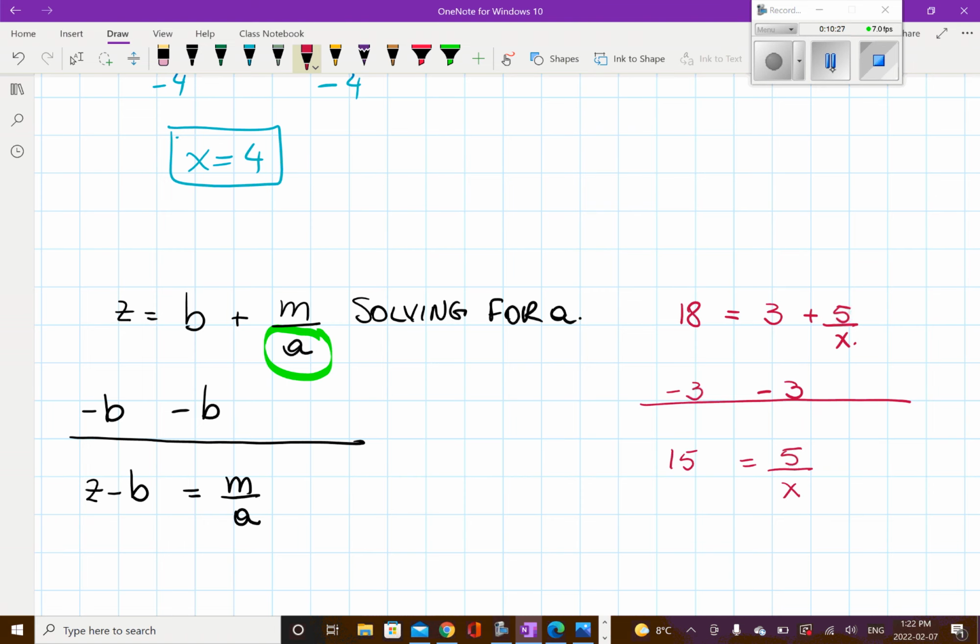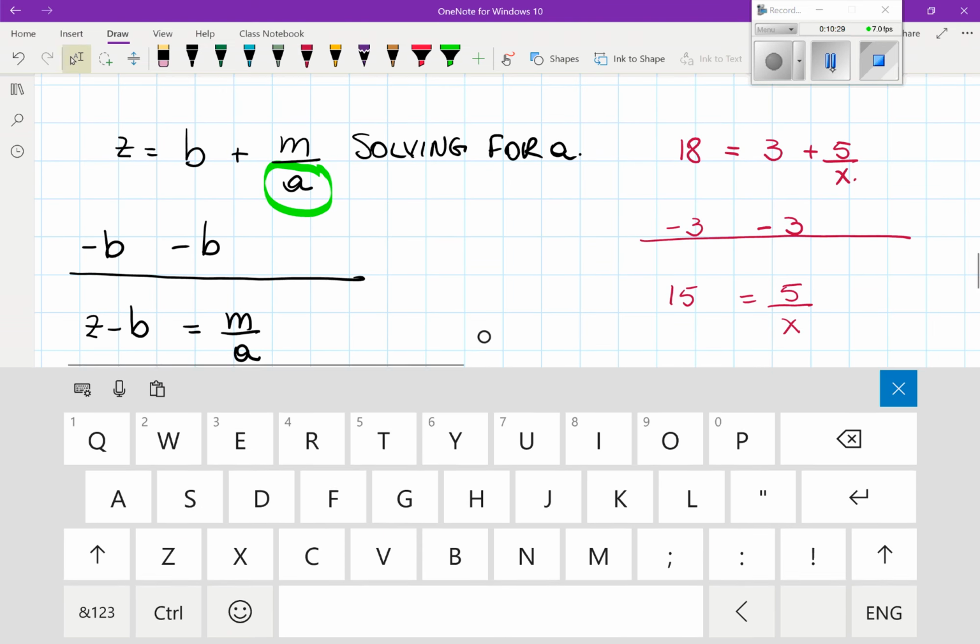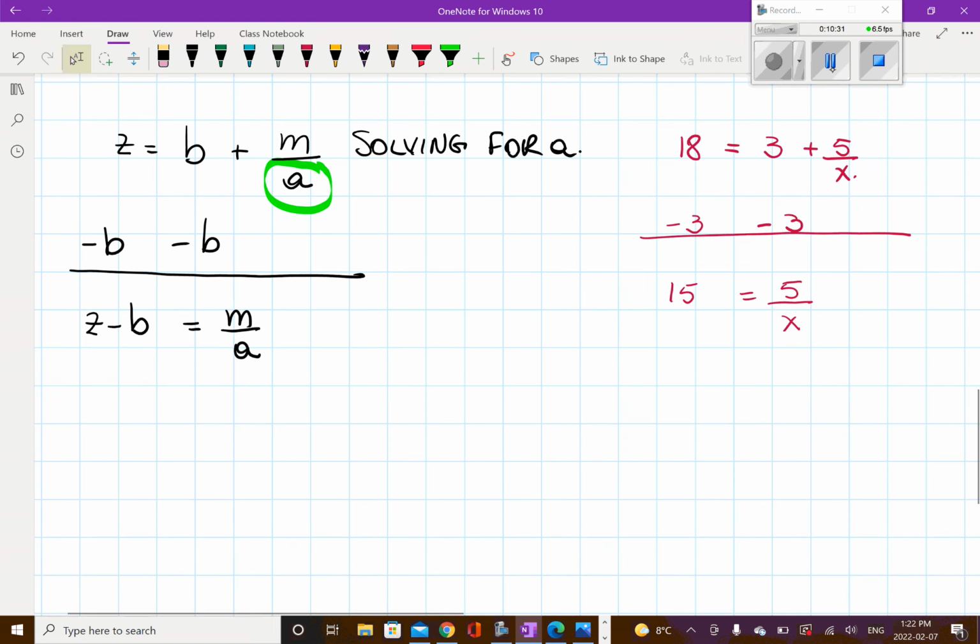And then we continue by solving, multiplying by a on both sides here, since it will be easier for us to get rid of the variable that is in the denominator.